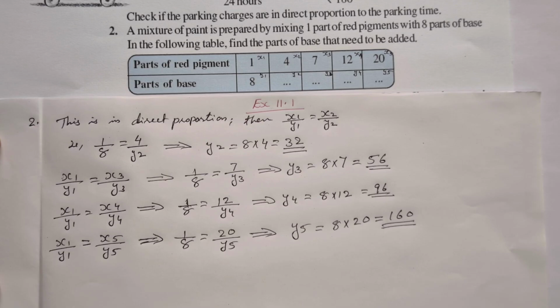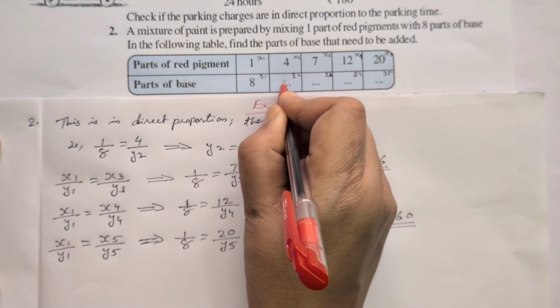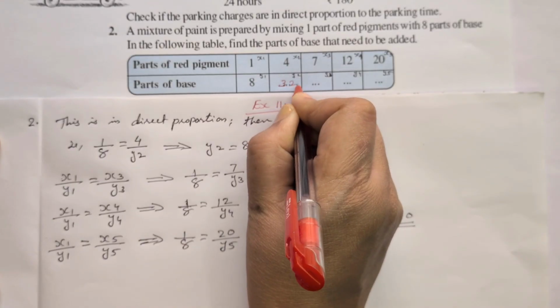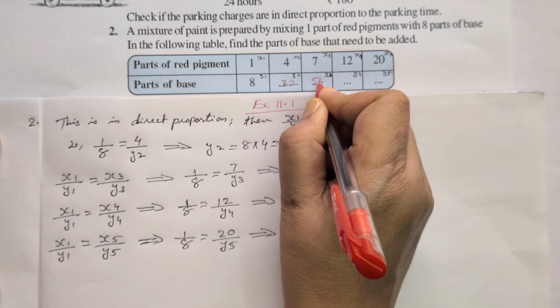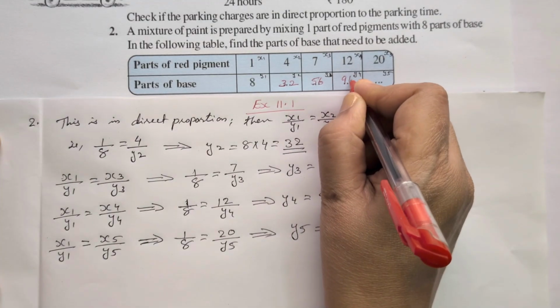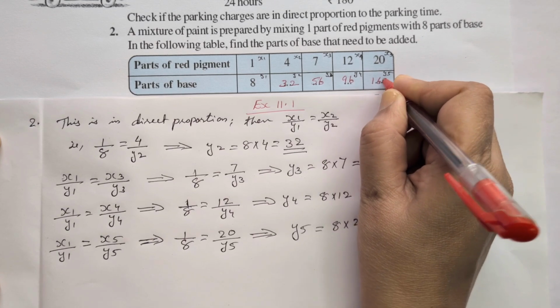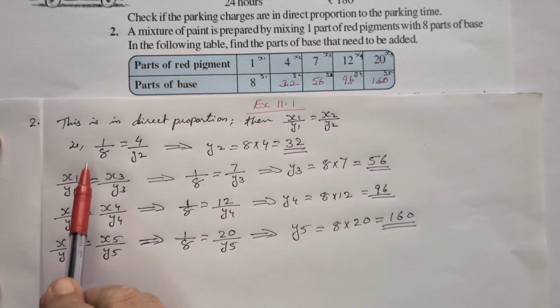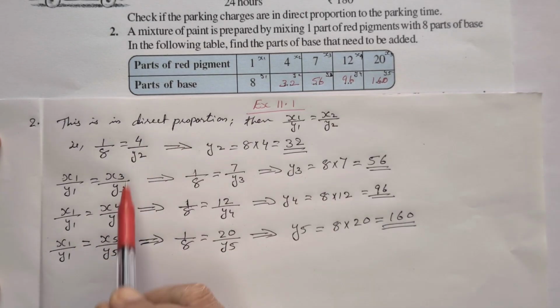Then we can write in the table y2 as 32, y3 as 56, y4 as 96, and y5 as 160. In direct proportion, all the ratios will be equal.